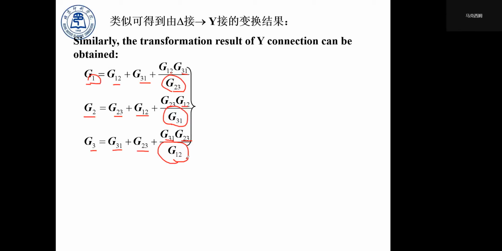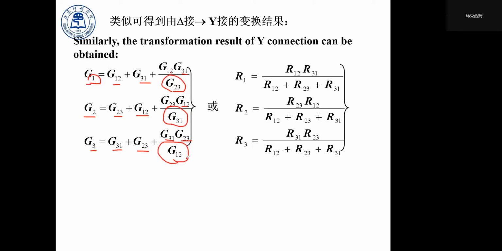So also we can have another form of equation, but equivalent. We can remember it as R1 equals R12, R31, and this one that doesn't contain 1 as a corner only appears once. R2 equals R23, R12. You see all this stuff contains number 2.